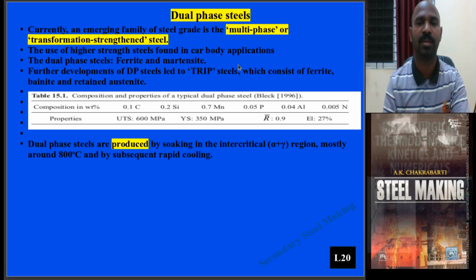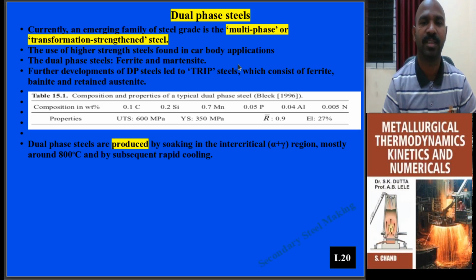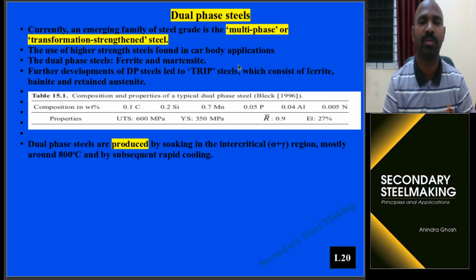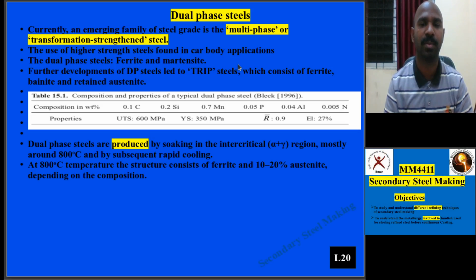being done, these studies are with respect to the application to achieve the high strength, and it should have the low weight, and we need to get large elongation for the car body application. These steels are developed. One such steel is dual phase steel.